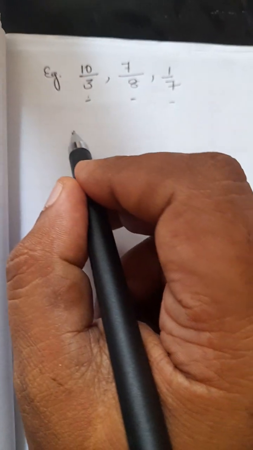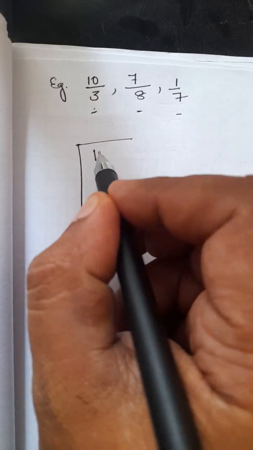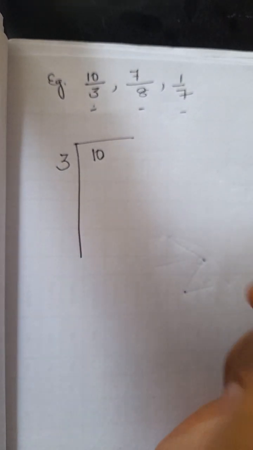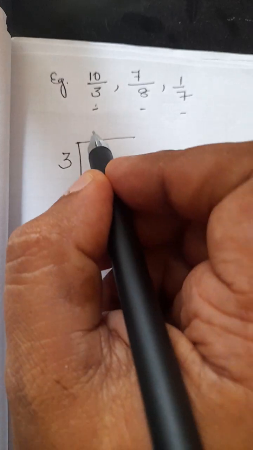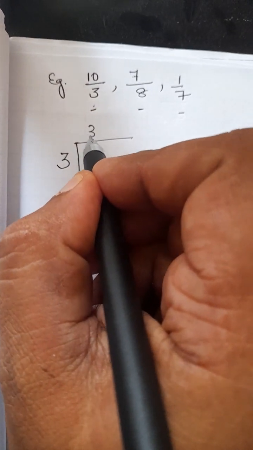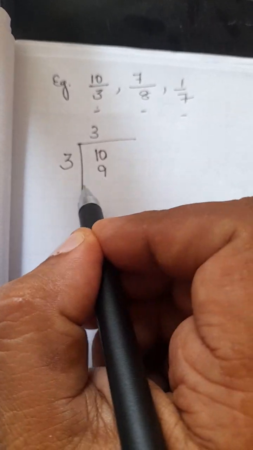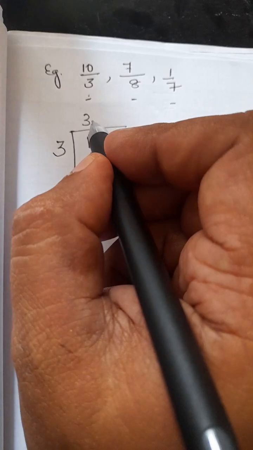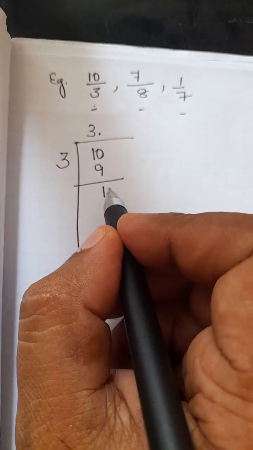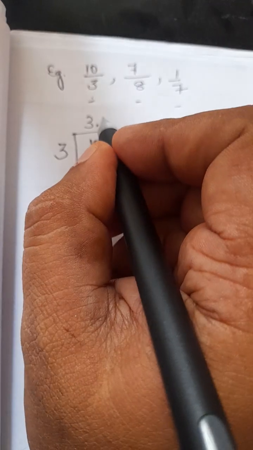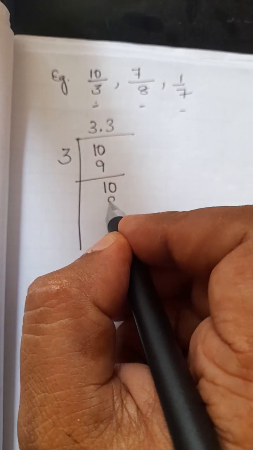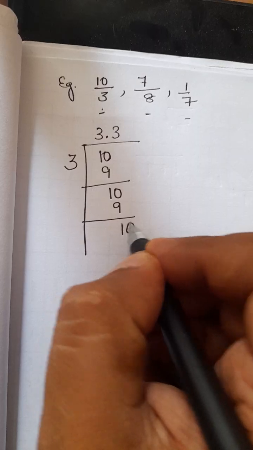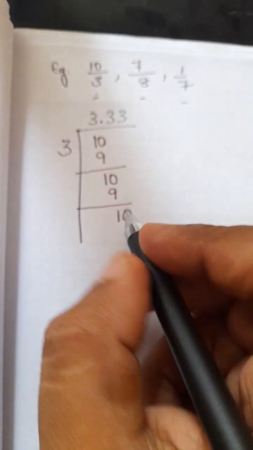10 by 3 means 10 is divided by 3. So 3 3s are 9. Remainder is 1. I put a dot, add a 0 here. 3 3s are 9, again a remainder 1.